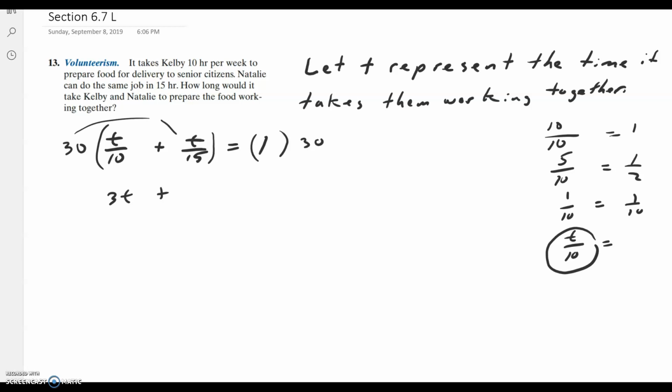We distribute the 30 here, and the 30 and the 15 cancel to 2t, and we have 30 here. So we have 5t equals 30, divide both sides by 5, and we have t equals 6 hours. It will take them 6 hours working together to prepare the food.